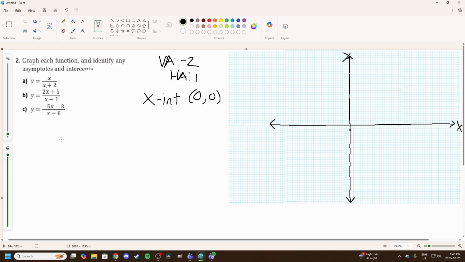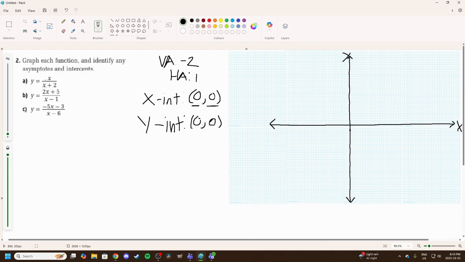Like I was saying, now what about our y-intercept? When we're looking for our y-intercept, our x will be 0. But when x is 0, we already know that y is equal to 0. Since this is a one-to-one function, our x-intercept is the same as our y-intercept. This doesn't happen very often, but it's really important to know when it does.